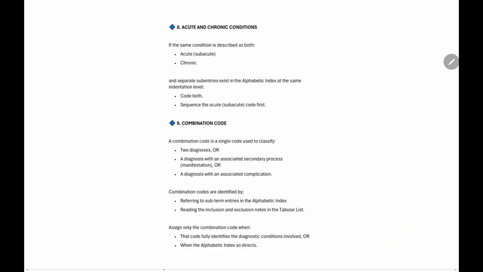Next, assign only the combination code when the code fully identifies the diagnostic conditions involved, or when the alphabetic index so directs. Multiple coding should not be used when the classification provides a combination code that clearly identifies all the elements documented in the diagnosis.